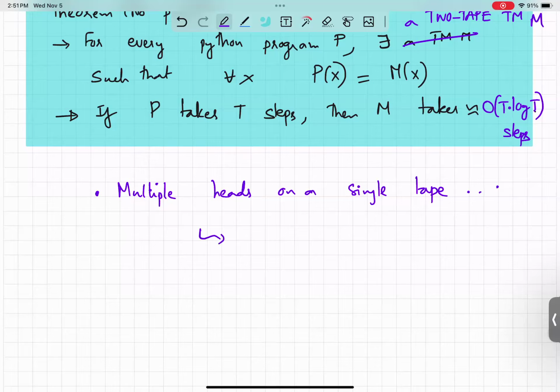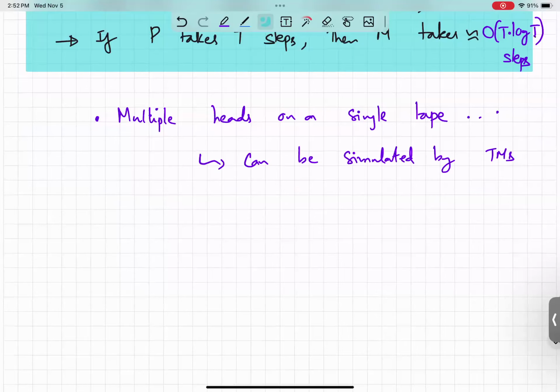Again, it turns out this is equivalent, can be simulated by Turing machines. And in general, the definition of Turing machines is surprisingly robust. You might think I will have two tapes, 10 tapes. They are all essentially equivalent to a single tape Turing machine.